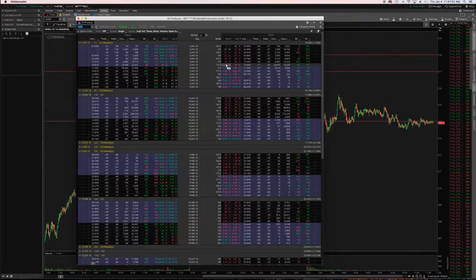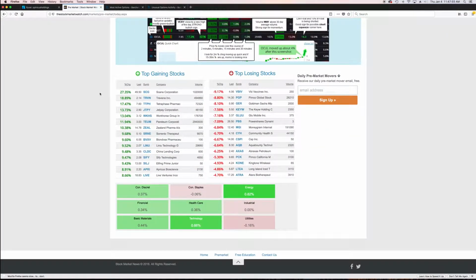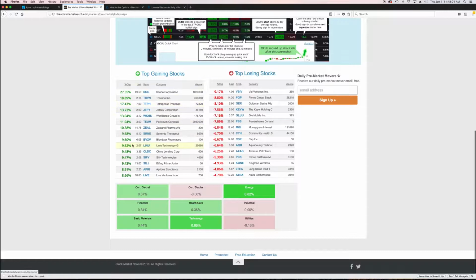One of them is on the stockmarketwatch.com, and it's their pre-market. They kind of show you the winners and losers. So they give you this list down here, and they'll show you the top gaining stocks and the top losing stocks. Now I'll look at some of these in the morning, and let's take SCG for example.